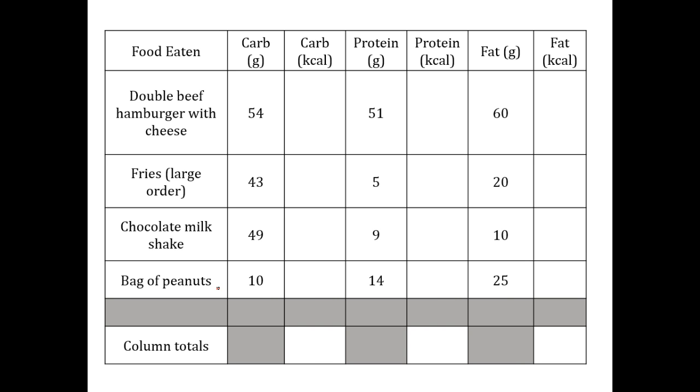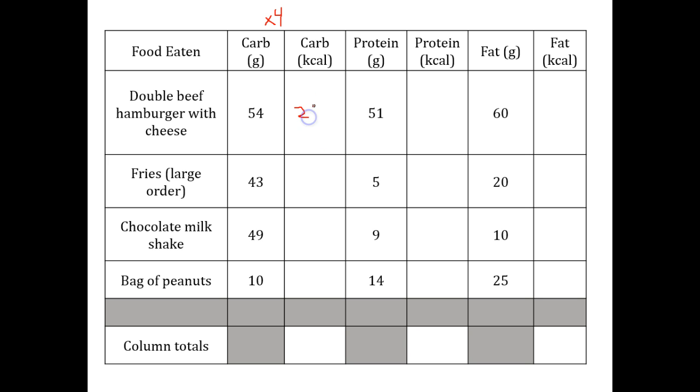Now we already know how many grams of carbs, proteins, and fat are in each of these foods. But what we need to do is figure out, if we know how many carbs and proteins and fat are in our food, how many calories are we getting from that? So recall that carbs, you get 4 calories per gram. So you're going to multiply this carb column, each of those numbers, by 4.